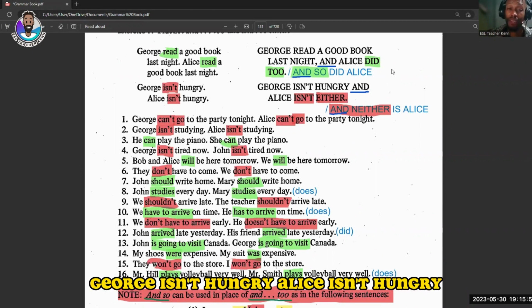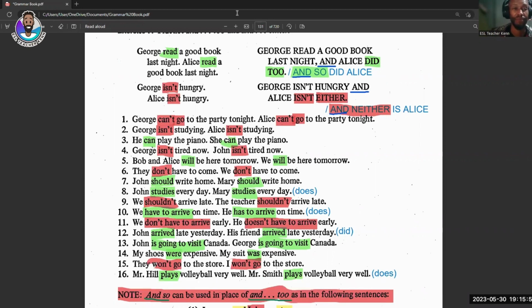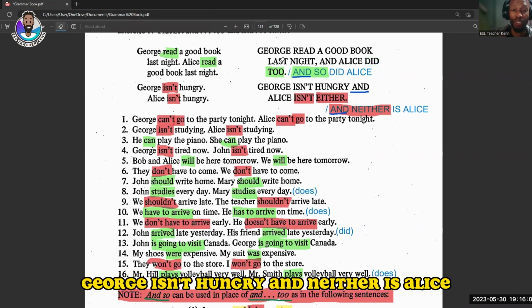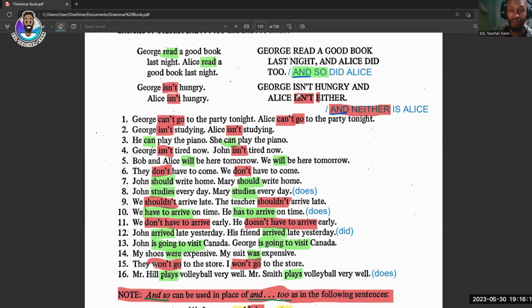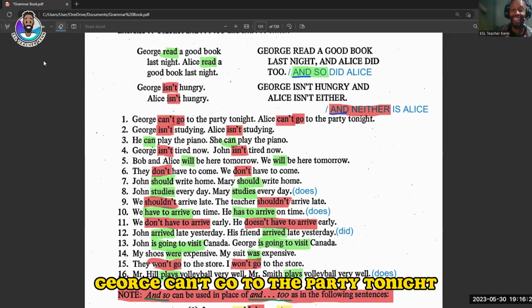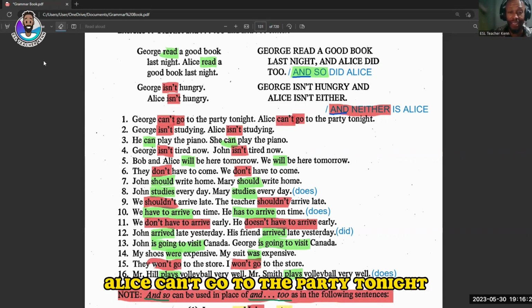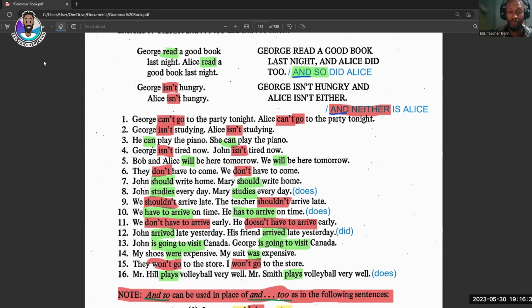George isn't hungry. Alice isn't hungry. George isn't hungry, and neither is Alice. George can't go to the party tonight. Alice can't go to the party tonight.